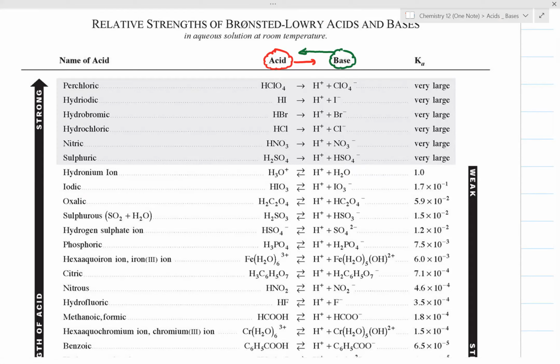Now, notice there's a shaded area between sulfuric acid and hydronium ions. This barrier, everything that's highlighted in gray, these are considered strong acids.